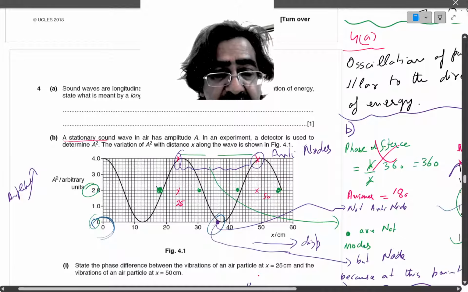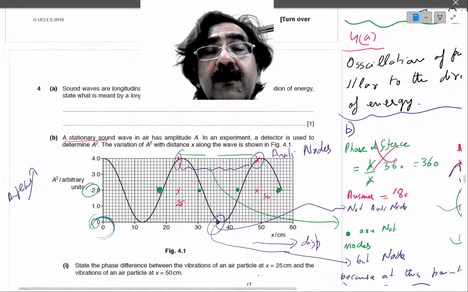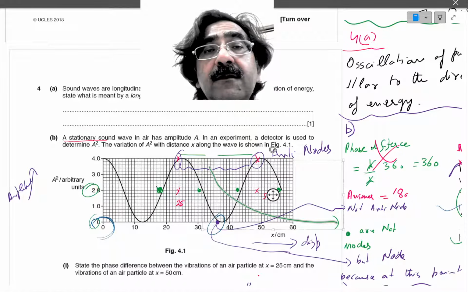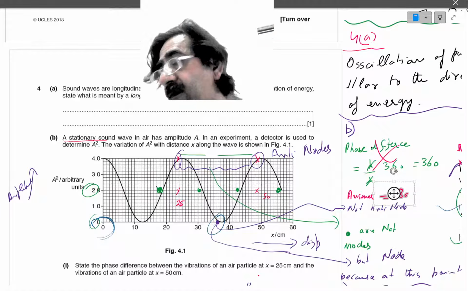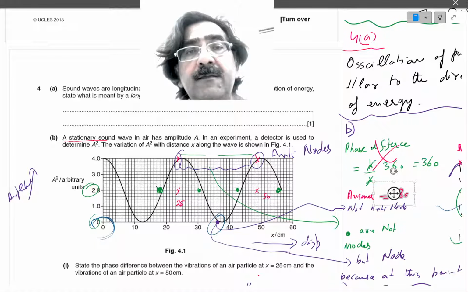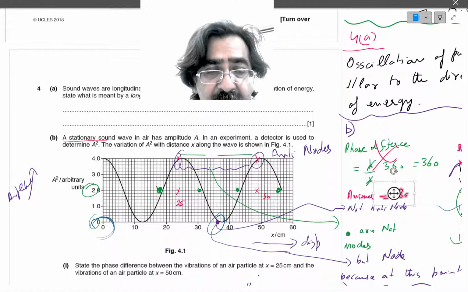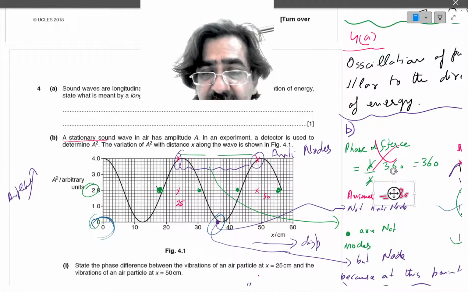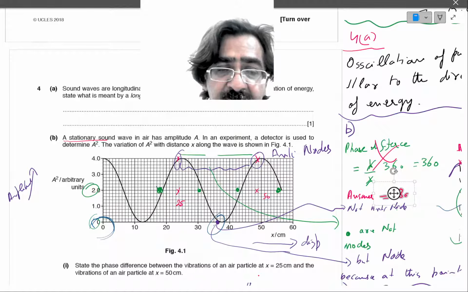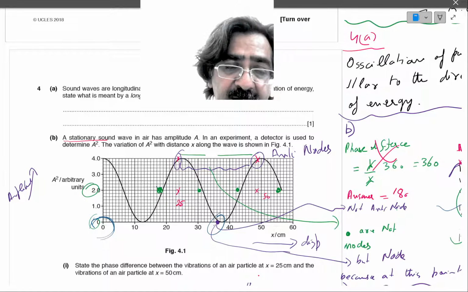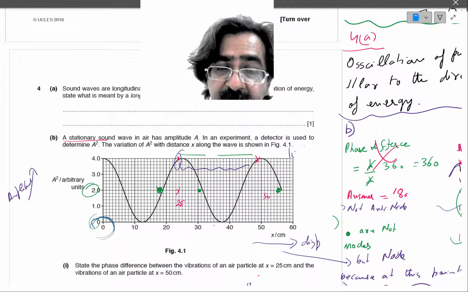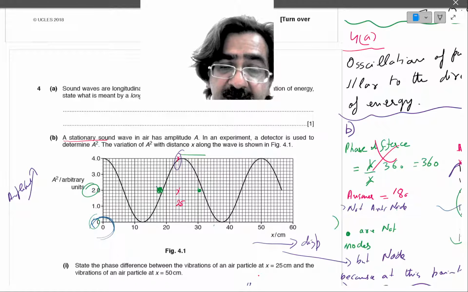We have to calculate at 20. At 20, amplitude is... I think there's a mess here. I must remove some points.